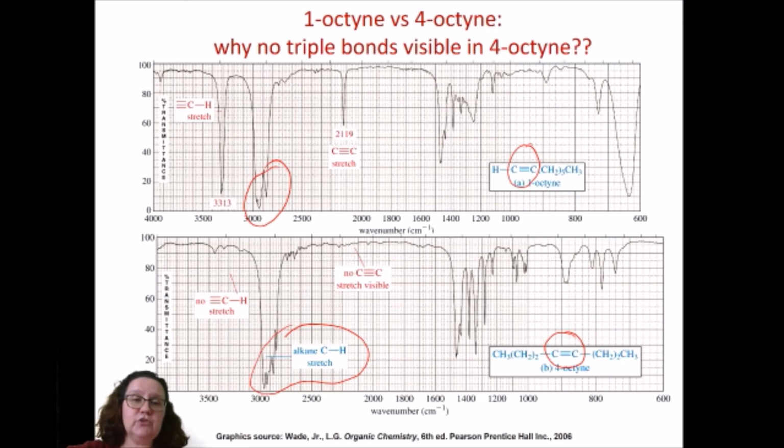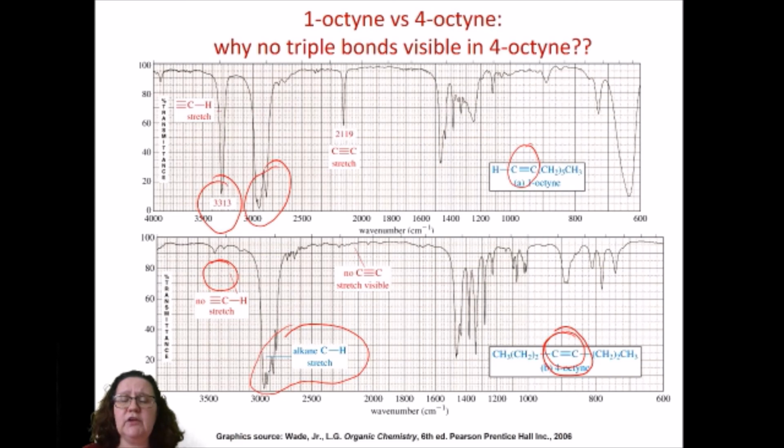You can observe quite a clear carbon-hydrogen stretch for the sp carbon, the hydrogen attached to a carbon involved in the triple bond, and that is absent in the spectrum at the bottom because these carbons do not have any hydrogen attached to them, therefore they're not going to show a band.